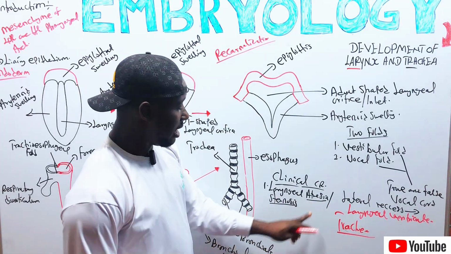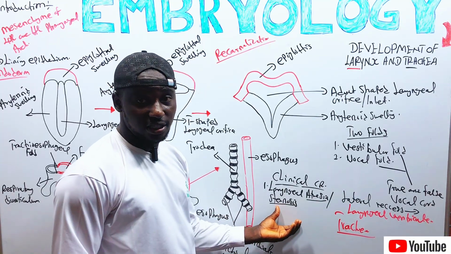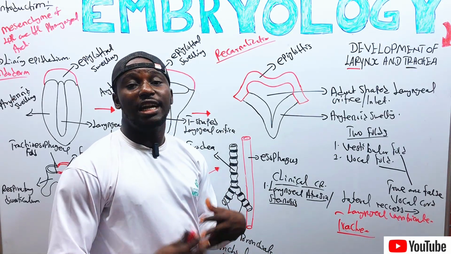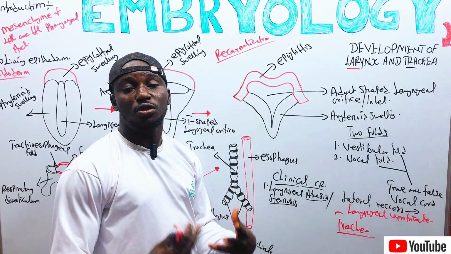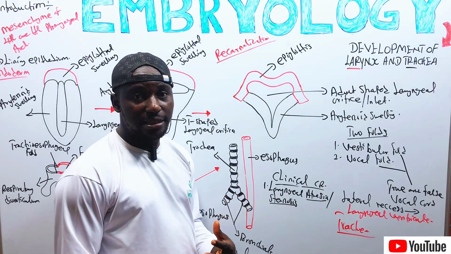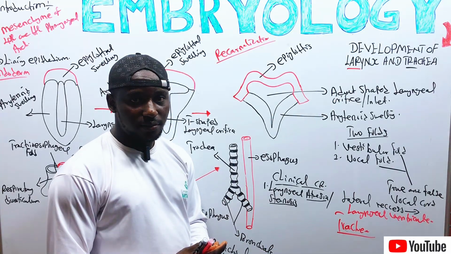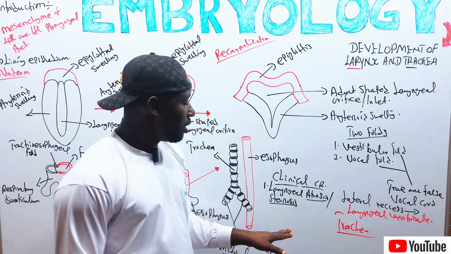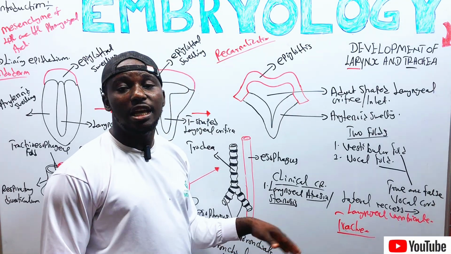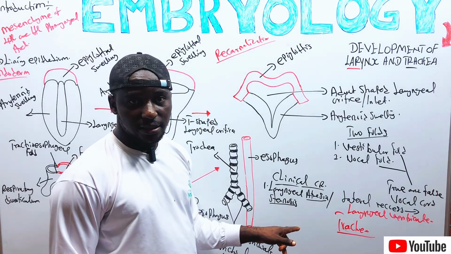So, laryngeal atresia and stenosis is one of the rare anomalies of the larynx, whereby there is a failure of the recanalization of the larynx, leading to obstruction of the upper respiratory tract. It occurs as a result of the failure of the recanalization of the larynx.